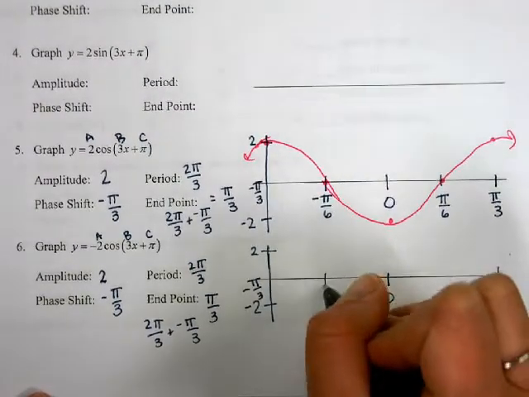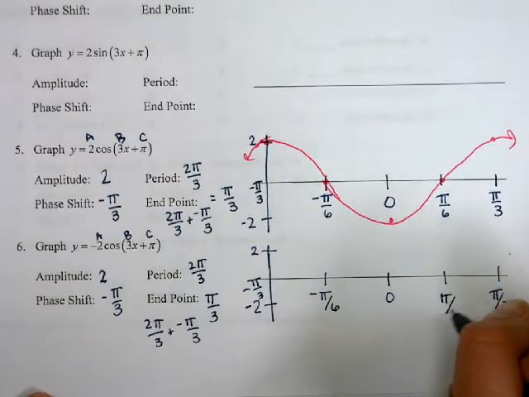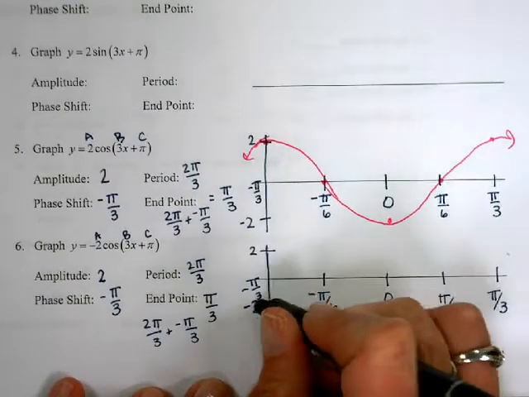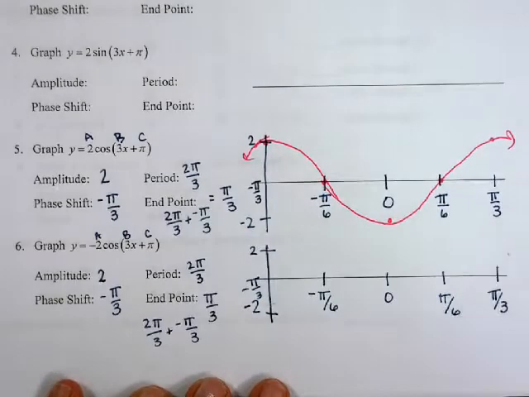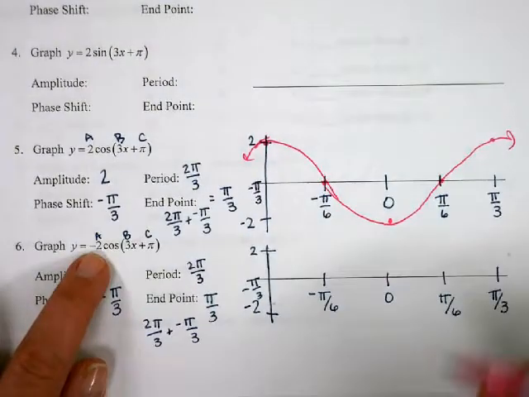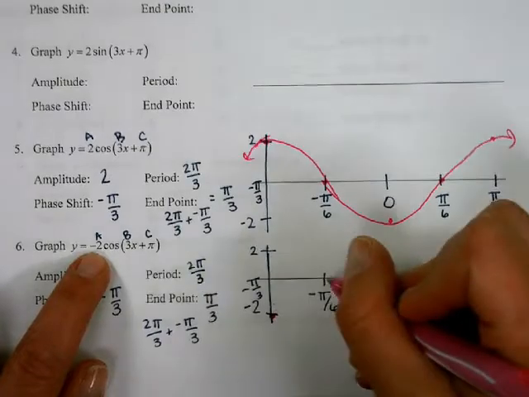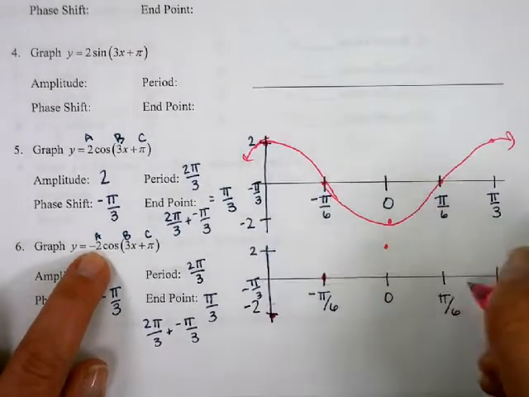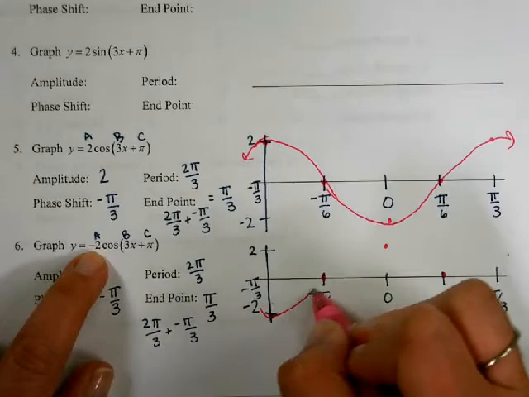Halfway in the middle is negative pi over 6, and positive pi over 6. Because this one's negative, it reflects over the x-axis. So it's going to start down, 0, up, 0, down. So it's going to be graphed like this.